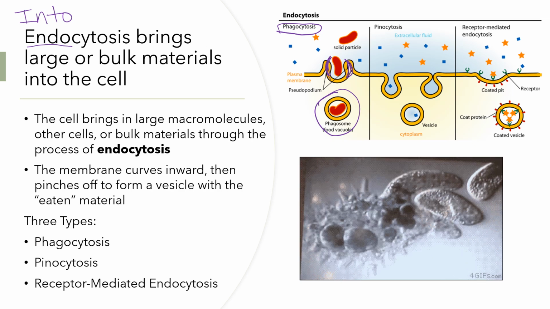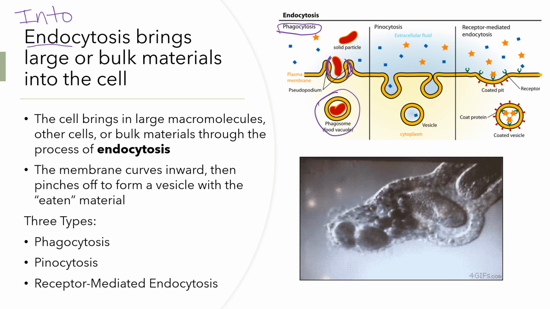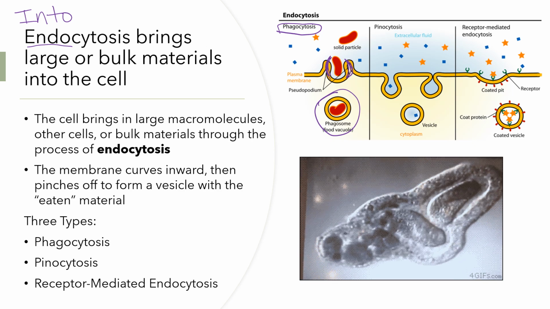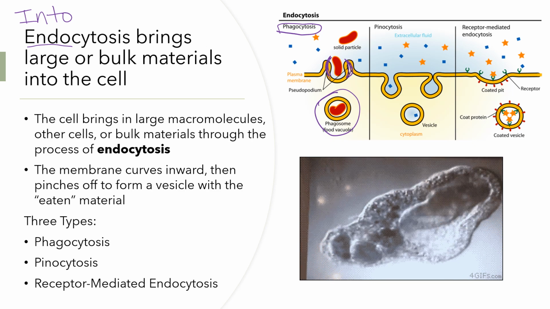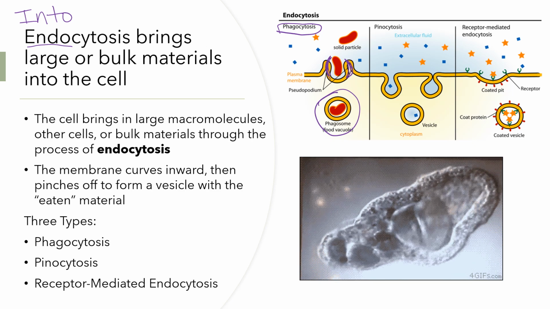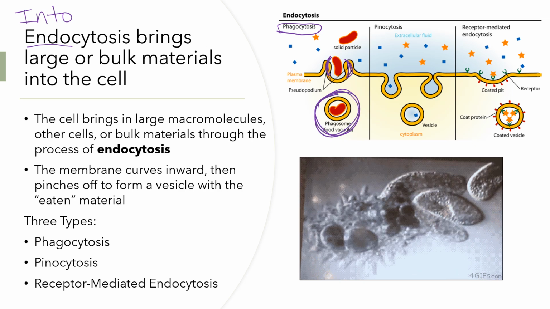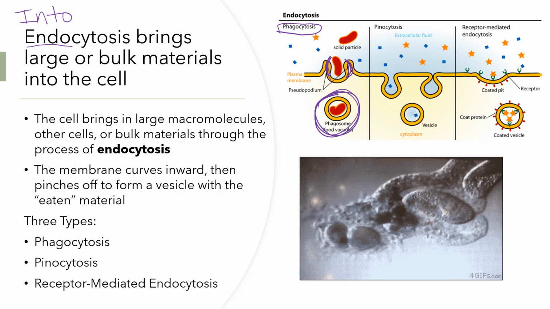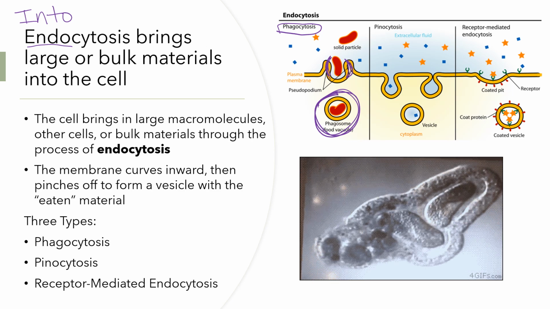Often that vesicle will then fuse with a lysosome. Remember, lysosomes are like the stomach of the cell. It will dump all of that acid and hydrogen peroxide and those digestive enzymes into that vesicle that just took in all the food, like the bacteria, and it'll digest it inside that vesicle.